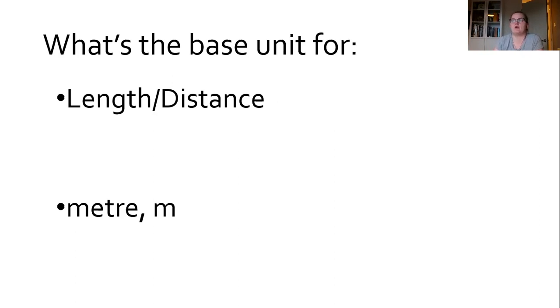And if we're talking about volumes and densities or areas, we're going to want to refer to meters. We can still use centimeters, kilometers, and all the other variants, but this is generally the one we would defer to straight away, and that's going to be the same for all of these. There'll be one that we like to defer to every time. So our base unit for length and distance is meters.